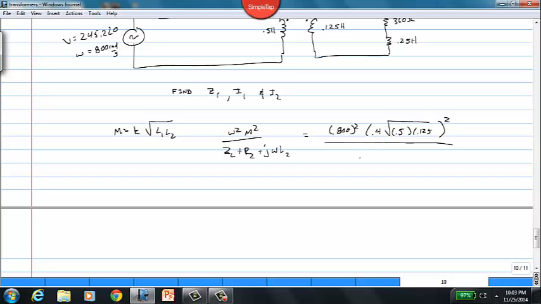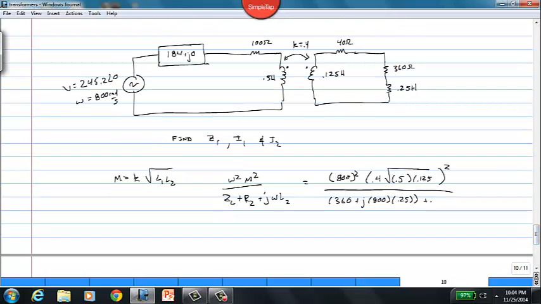We divide by the load impedance, which was 360 ohms plus J omega L, so it's J times 800 times 0.25. We add to that R2, which is 40 ohms, and then we need to add to it J omega L2, J times 800 times 0.125.